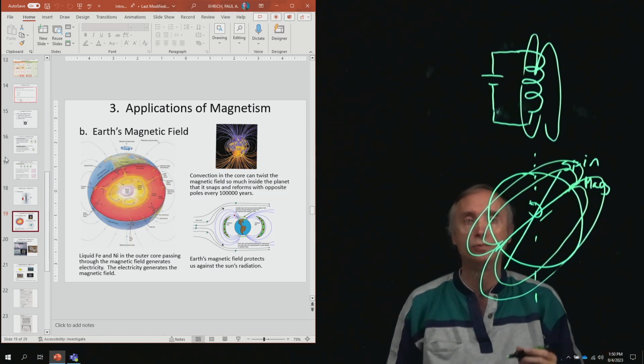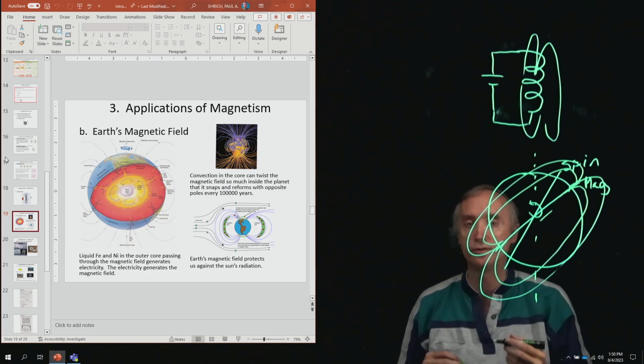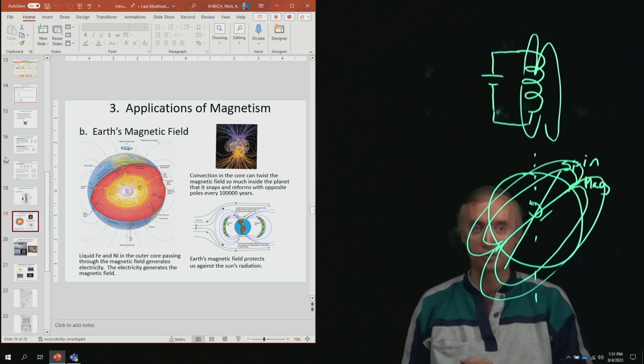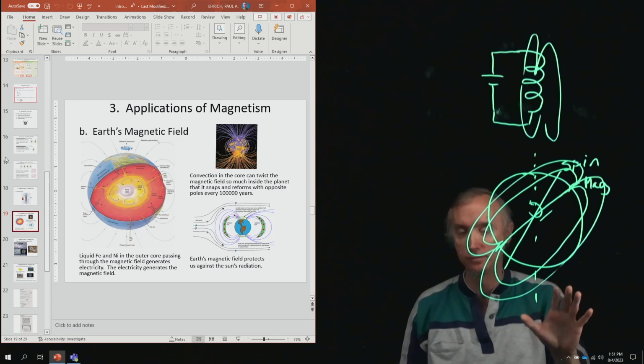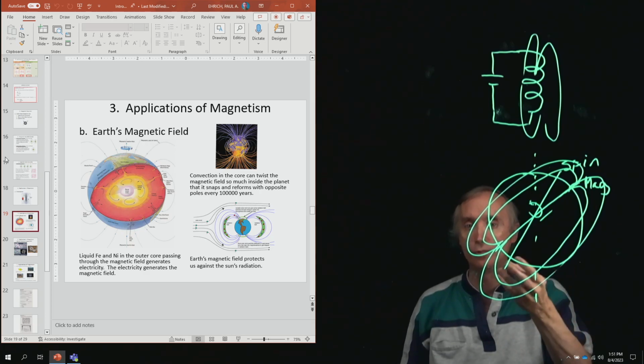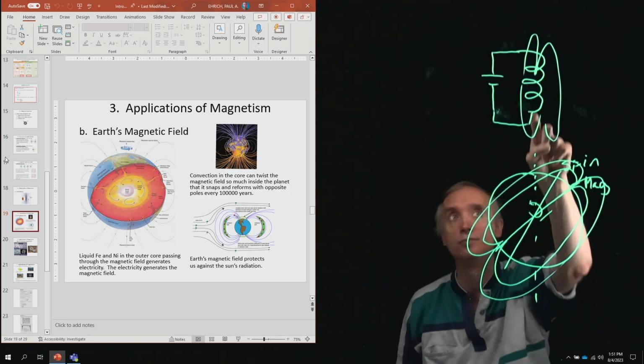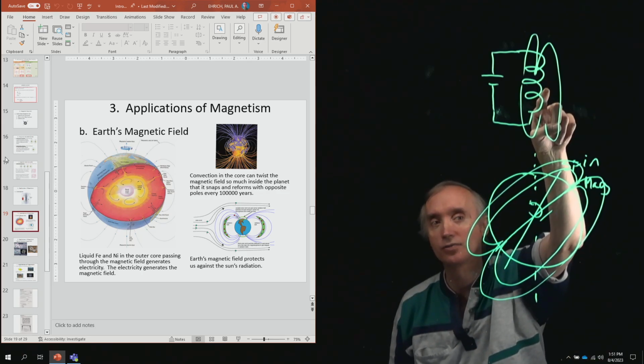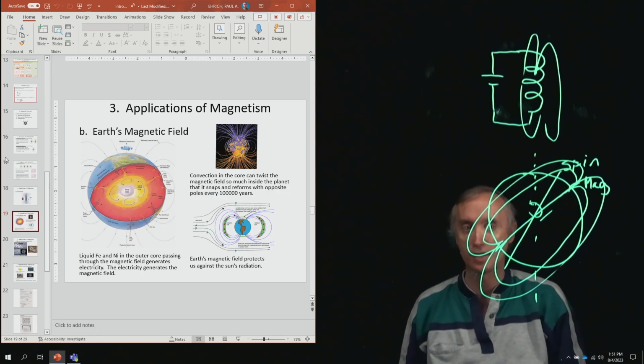We want to know what is causing the Earth to have a magnetic field, and we've got two possibilities. There could be a magnet inside the Earth. That was the original theory, that inside the Earth was a giant magnet that would attract a compass needle. The other possibility is that there could be an electromagnet inside the Earth, so it has something to do with electricity.